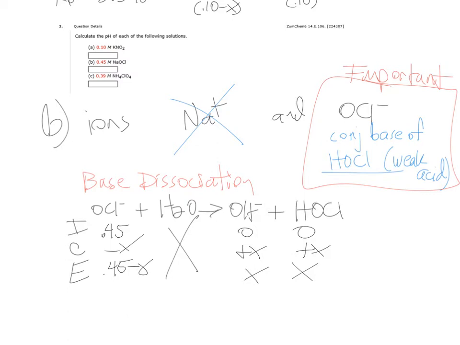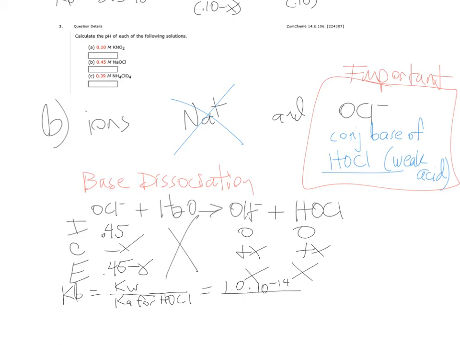Because this is a base dissociation, we need a Kb value. Well, you can't look up a Kb value for hypochlorite ion. Instead, you have to calculate it from Kw. For any conjugate acid-base pair, Ka times Kb equals Kw. So that means Kb equals Kw over Ka for the conjugate. We can look up the Ka for hypochlorous acid, HOCl, in any table in your textbook, or online would be fine too.